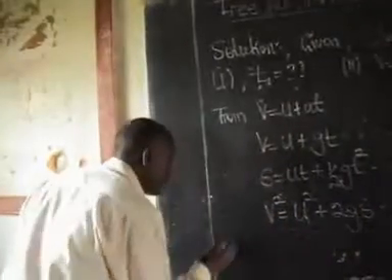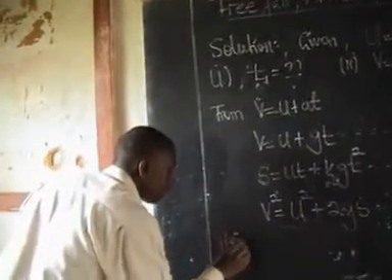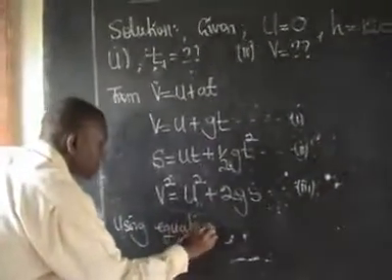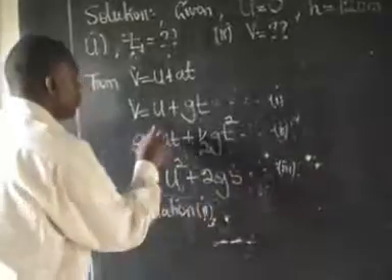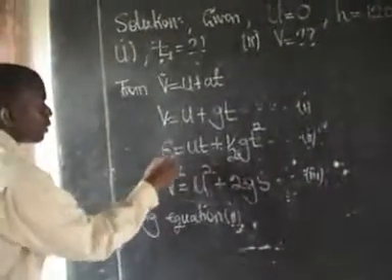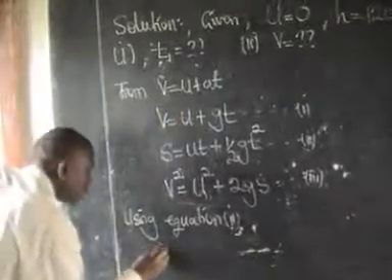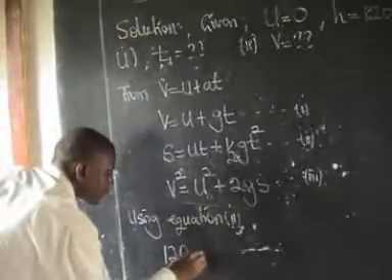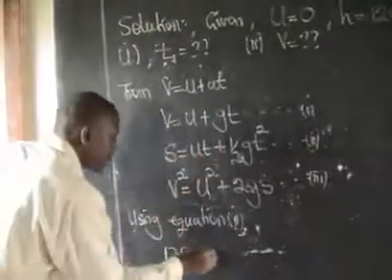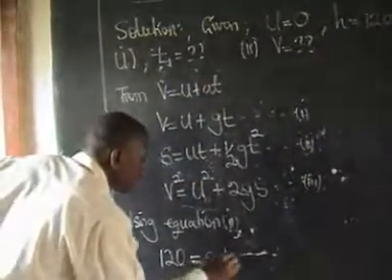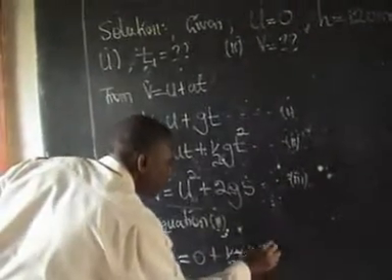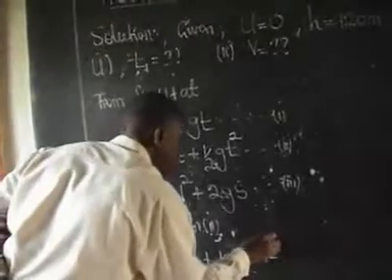So, using equation 2, we want to find the time. We shall take s as 120. Our initial u was 0, so 0 times t gives 0, plus a half times 9.81 t squared.